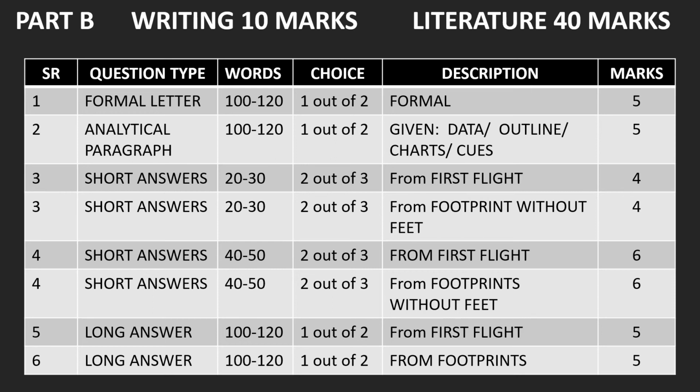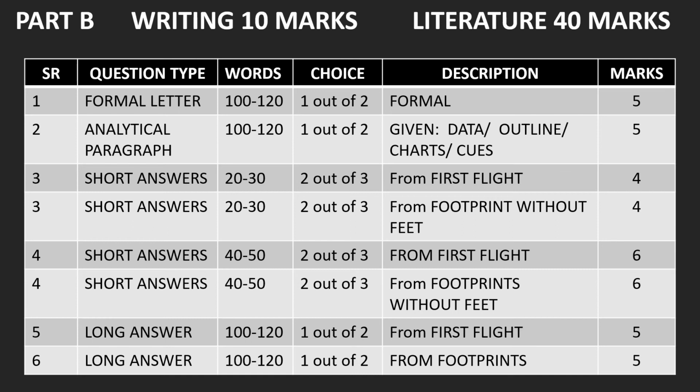Second, short answers, 40 to 50 words, total will be 3, out of which you will do 2. This time it will be from Footprints Without Feet. Each question will be for 3 marks. So the total you will be writing from Footprints Without Feet will be 6 marks. So 40 to 50 words, short answers, total will be 12 marks.